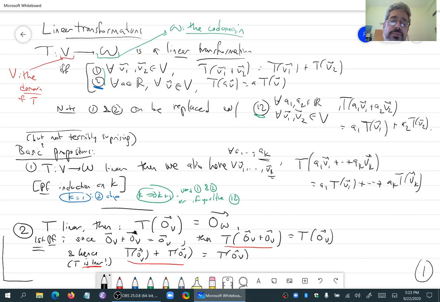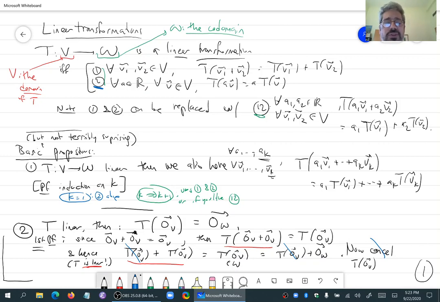Okay? Well, but then T of 0V, because it's an element of W, it's the same as itself plus the 0 vector of W. And now you just cancel T of 0V. So whatever it was, you get T of 0V equals 0W, and so on.